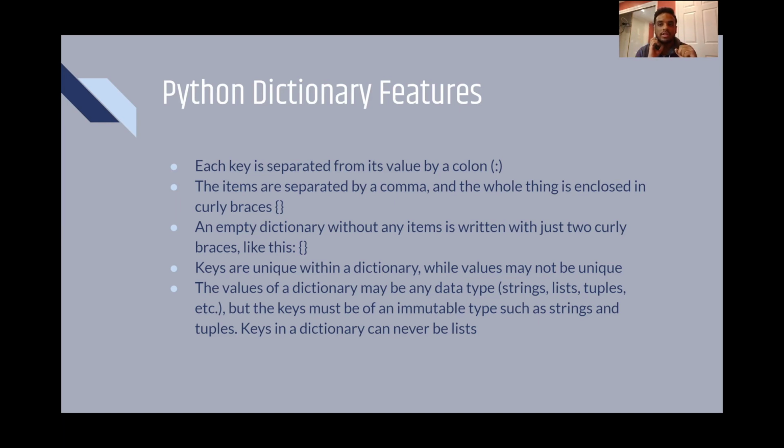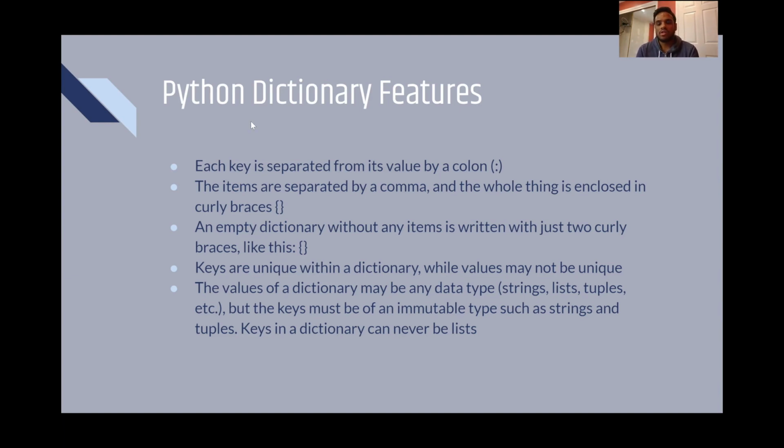Just like how lists are enclosed by square brackets, dictionaries are enclosed by curly braces. That's the difference between a dictionary and a list. If you enclose something with square brackets, it's a list. If you enclose something with curly braces, it's a dictionary.